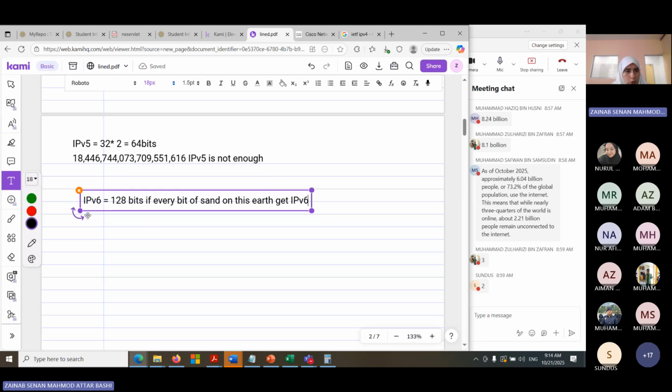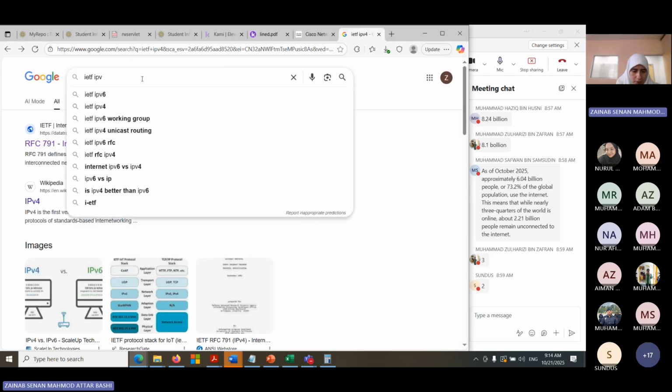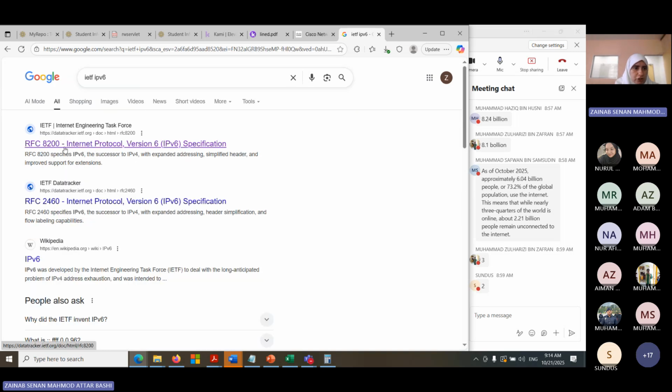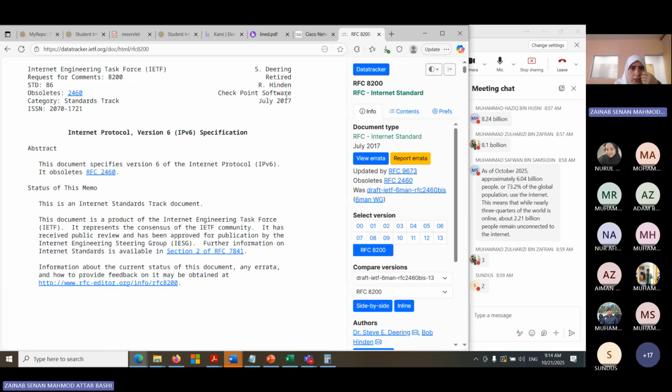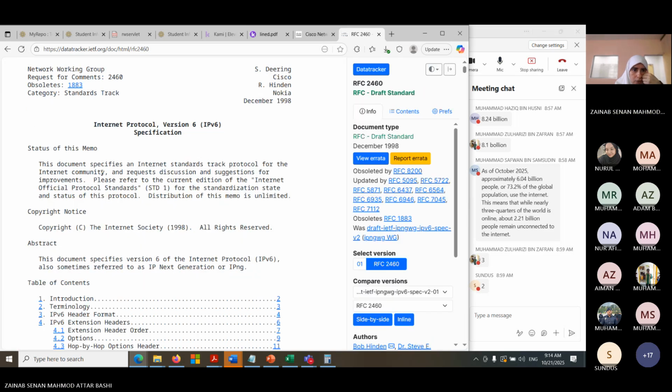And those people, let's see when the IPv6 idea was, we got the Internet Engineering Task Force. This is the main idea. In 1998, they had the IPv6 main idea. At that time, we didn't have AI, of course.